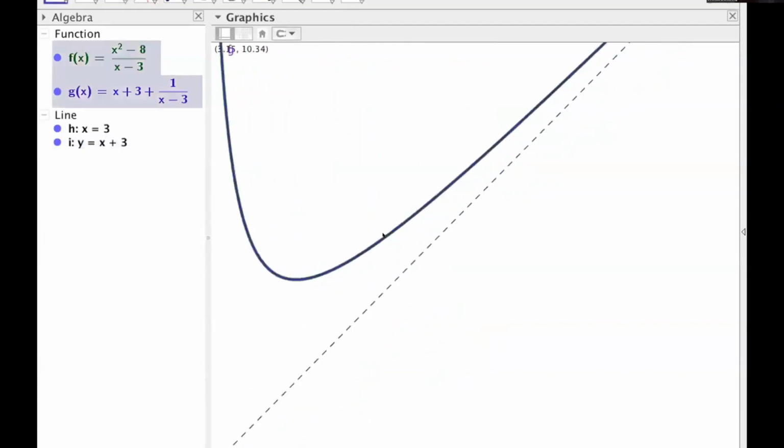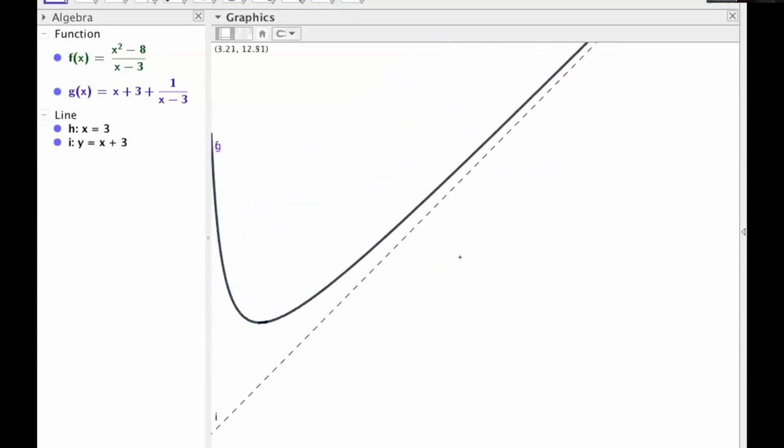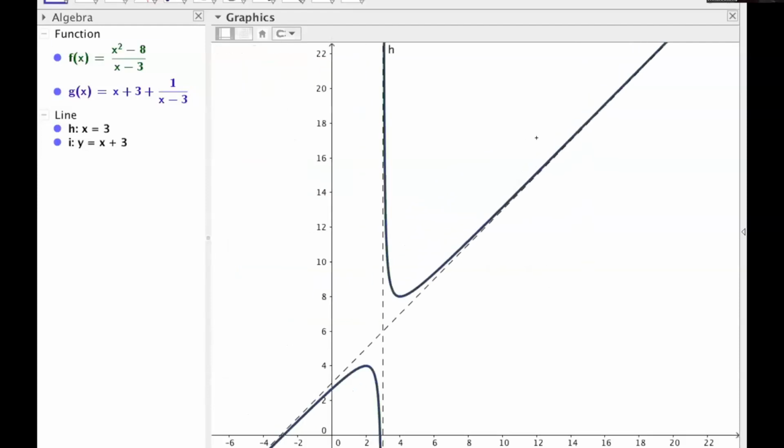There is a vertical distance here that is relatively large, but as we go further in this direction, it's becoming smaller, right? And that's that little fractional part we're talking about. The further out we go to the right, the vertical difference between the curve and the line becomes smaller and smaller. That vertical difference is demonstrated by this fractional part right here.